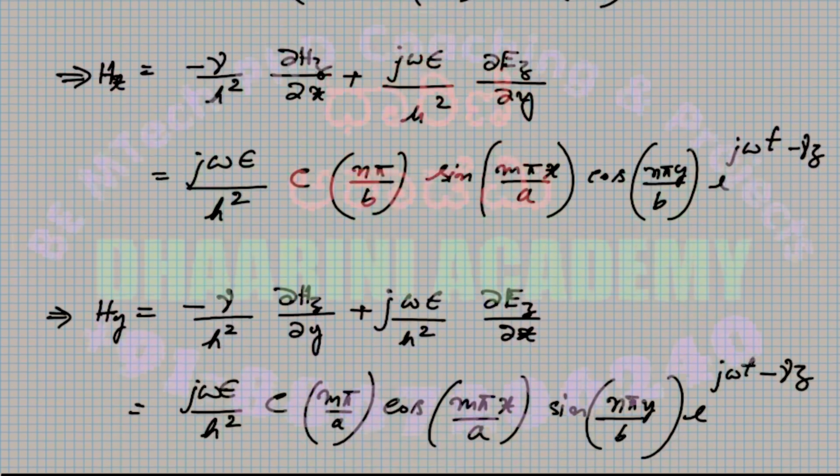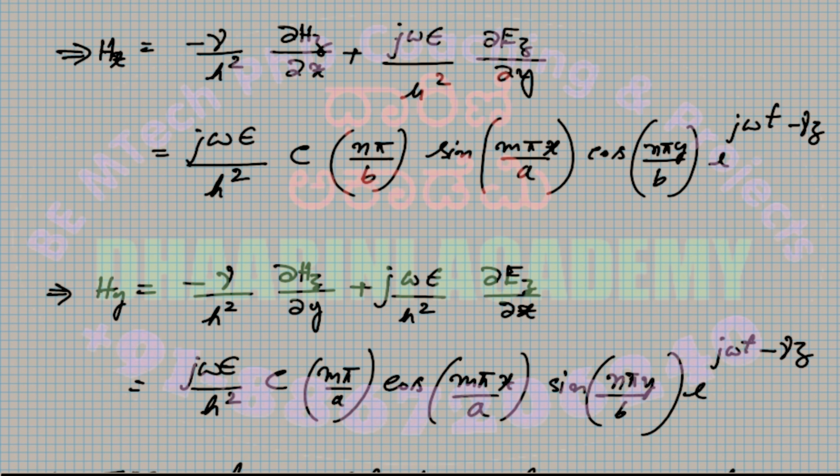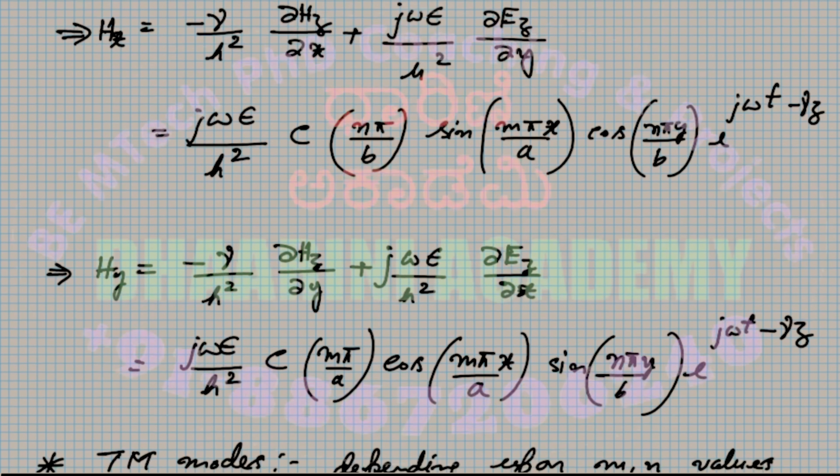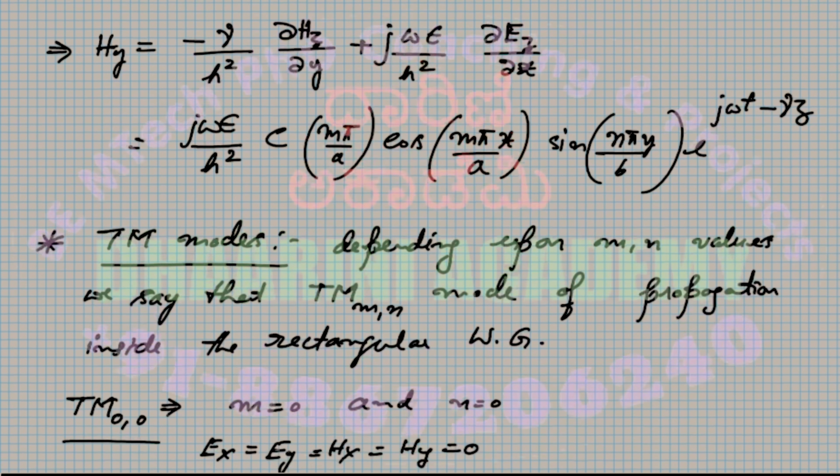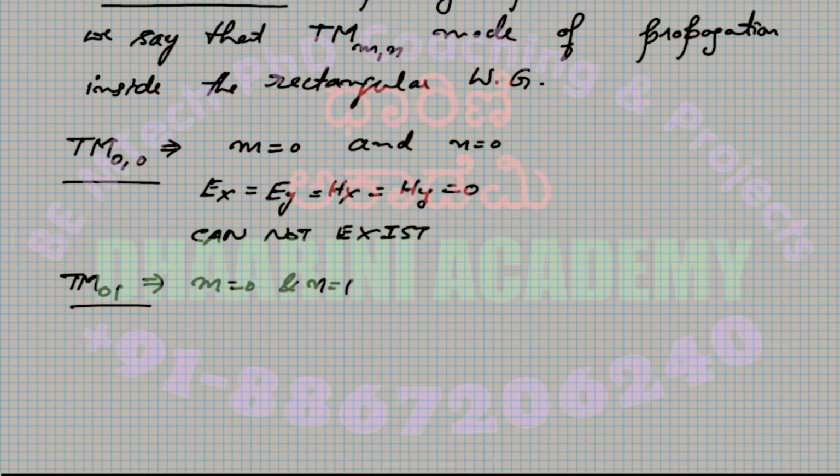Anyway, again sine m x, that's 0. In the Hy also m is outside. As soon as you put m as 0, it's 0. So this means here I'll write all field components vanish.